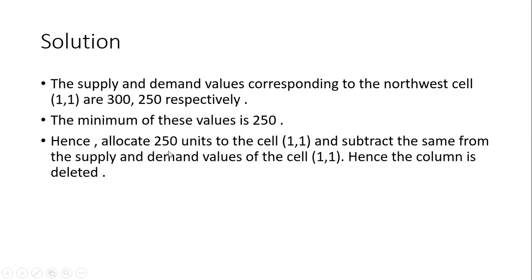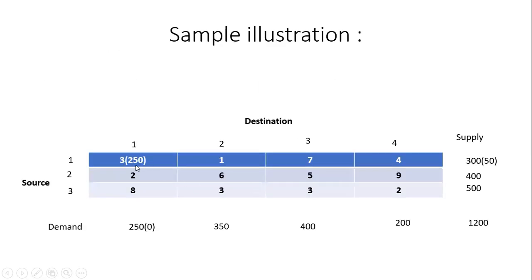Hence, allocate 250 units to the cell 1 comma 1 and subtract the same value from the supply and demand values in the entry 1 comma 1. So we subtract the same number, 250 minus 250. The demand will get 0. 300 minus 250 for the supply, the remaining value will be 50 units.